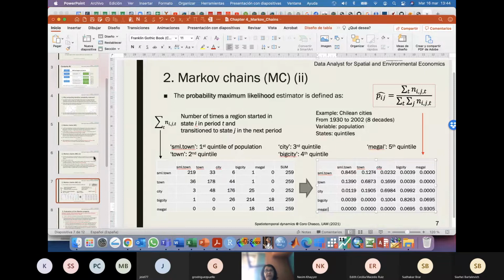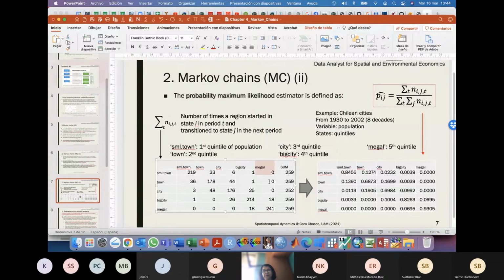So it's normal. We have here the number of instances. Being a megalopolis, only in 18 instances did a megalopolis in one period jump down to being a big city in the next period. The 241 rest of the instances remained being a big city.